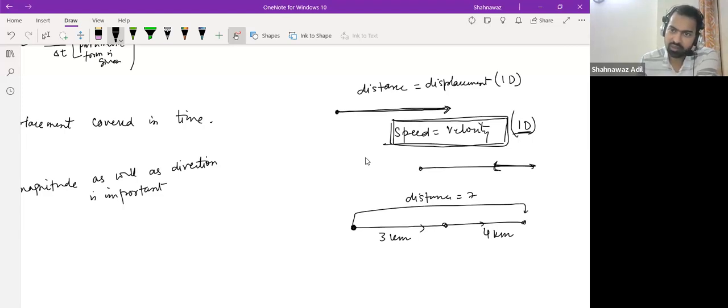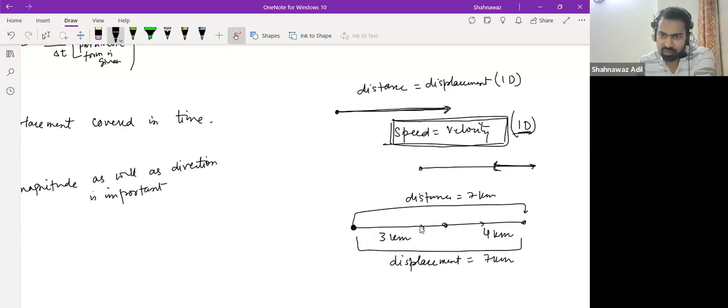And what about my displacement? Yeah, this is also 7 kilometers. So whenever I am in the same direction in one dimension, then my distance would be equal to displacement.